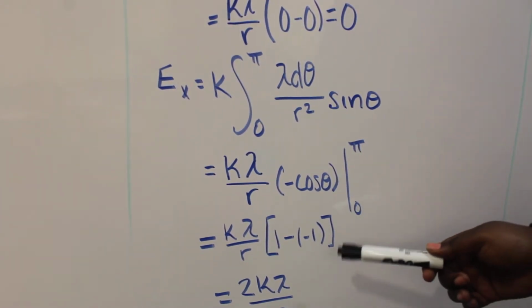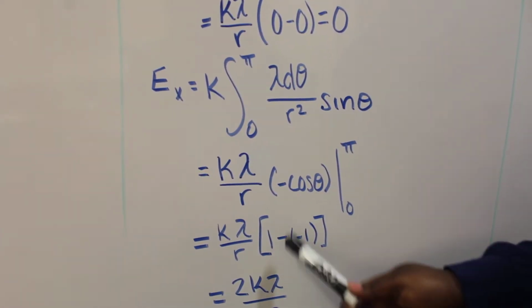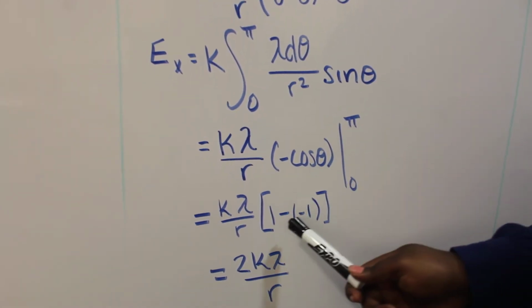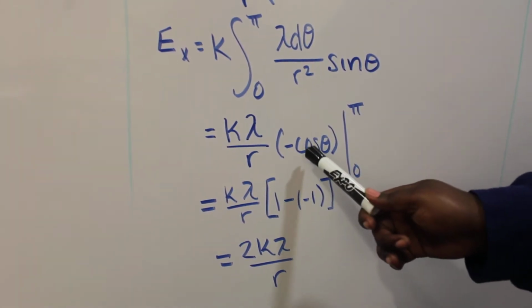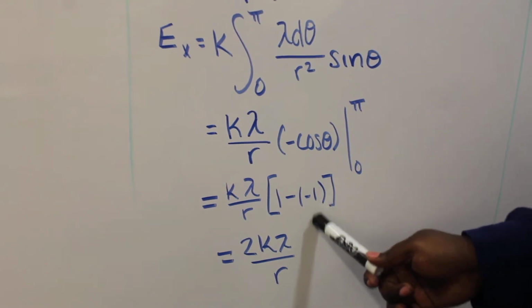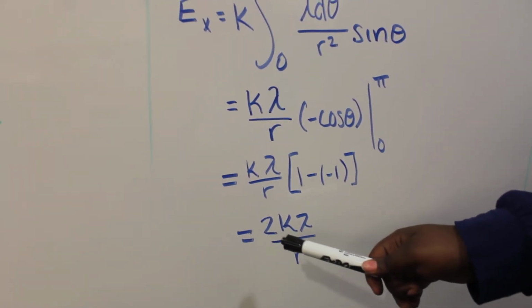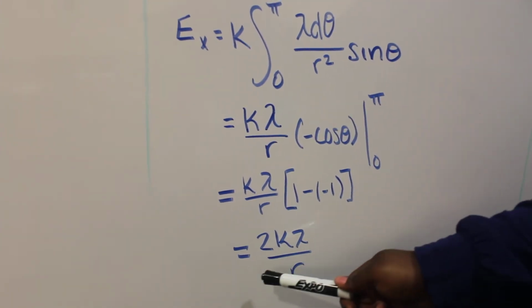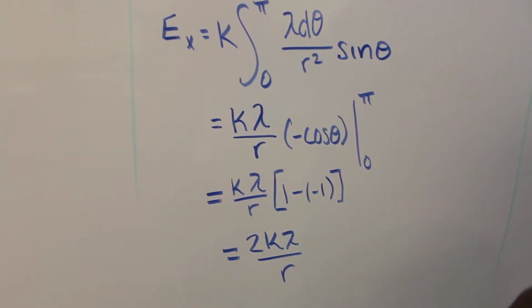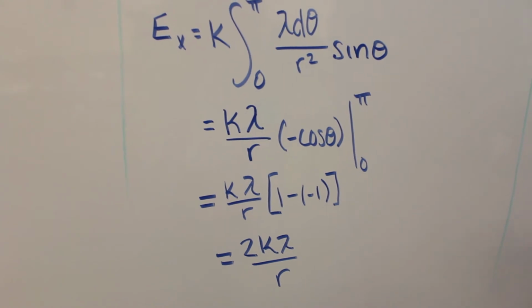And when we go ahead and integrate that from 0 to pi, negative cosine of pi is 1 minus the negative cosine of 0, which is negative 1. In the end, we get that the magnitude of the semicircle is 2k lambda over r. We're going to come back to that one.